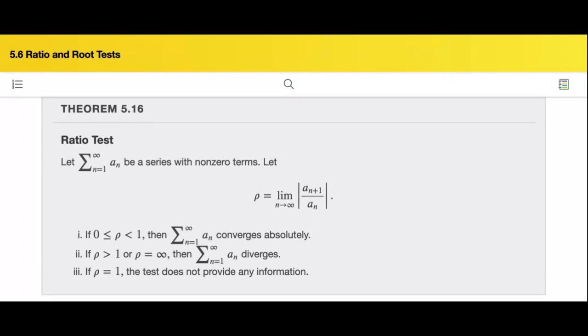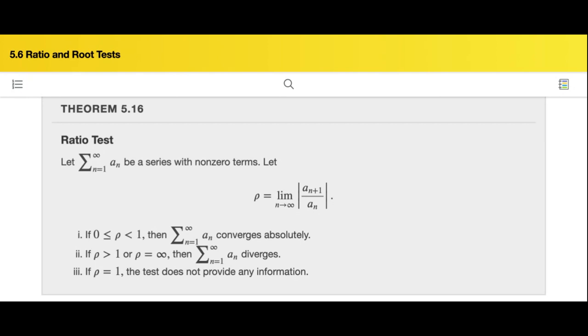Okay, in the limit comparison test, we take a limit of a ratio, but that ratio is a_n with b_n, so we're comparing two series, right? In this ratio test, the ratio is of two consecutive terms in the same series: the a_(n+1) term over the a_n term. The (n+1)th term is in the numerator and the nth term in the denominator.